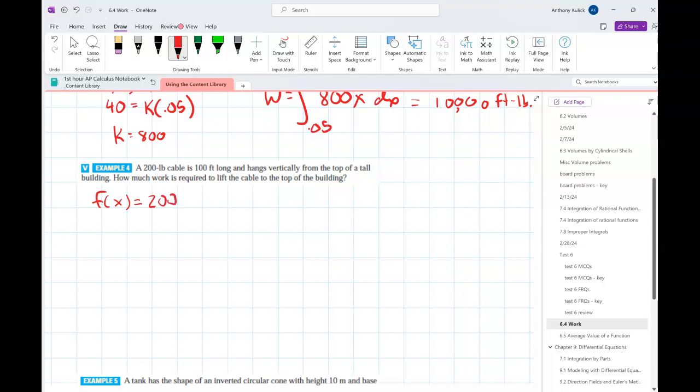What's the mass of our cable? 200. But that's changing, right? As we pull some of this cable up, that mass is going to be decreasing because it's no longer dangling off the edge, right? How much is it when we've pulled 0 up?